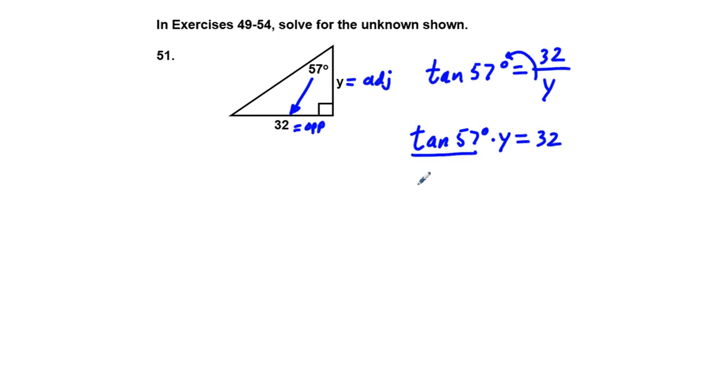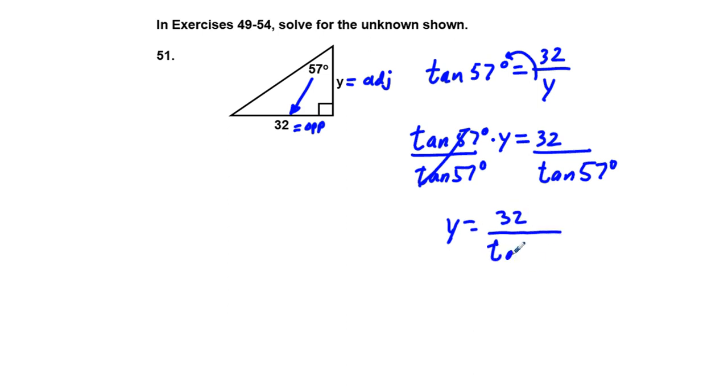And dividing by tangent of 57 degrees, those would cancel. We do the same thing on the right side. We're going to have y is equal to 32 over the tangent of 57 degrees.